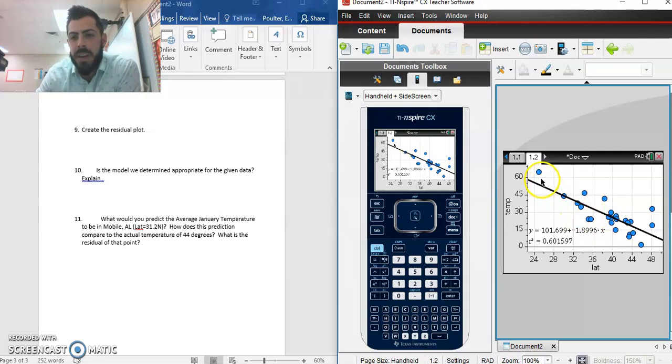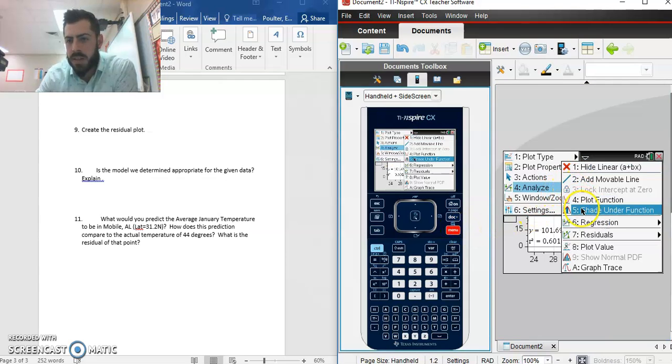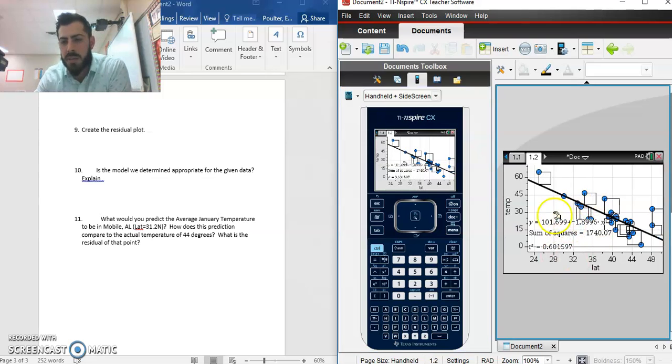What it's trying to do is take all of these distances, square them, and then make the smallest sum of the squares that it can possibly be. So it basically takes all these, squares them, adds them all up, and the smallest this can possibly be is the amount that's made whenever this is the line that you pick.